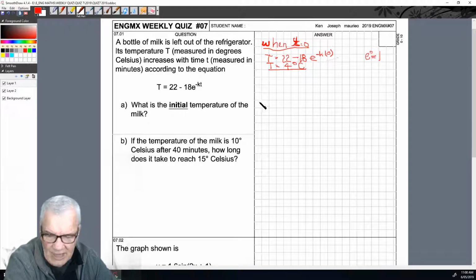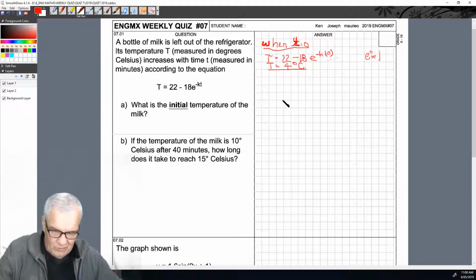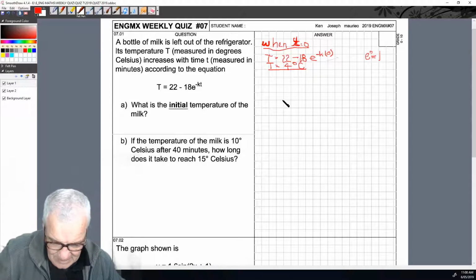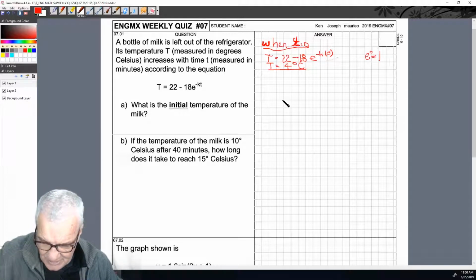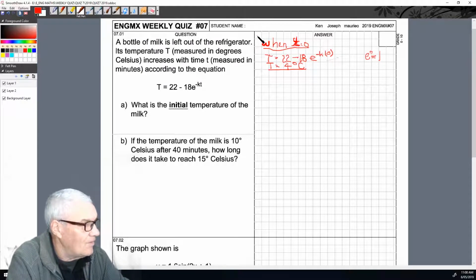So, all done. Just reaching for my notes here. Okay, that's all done. So that's part A done.